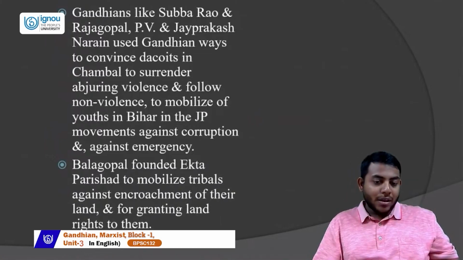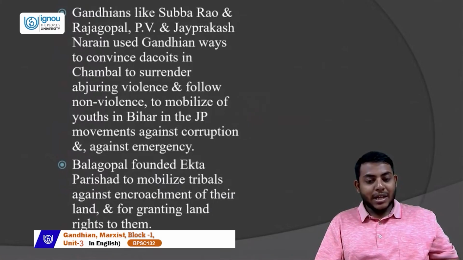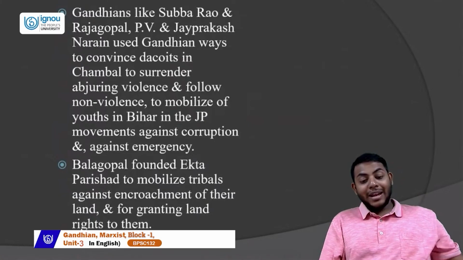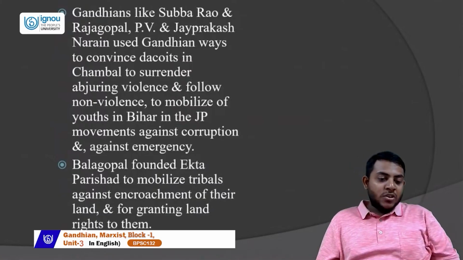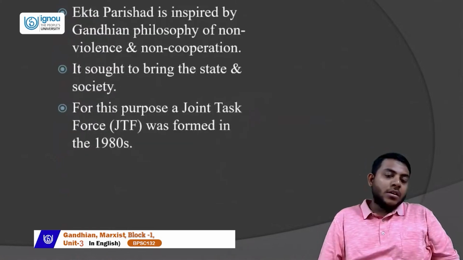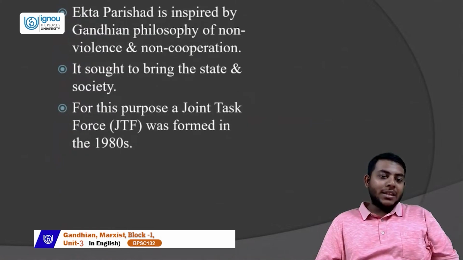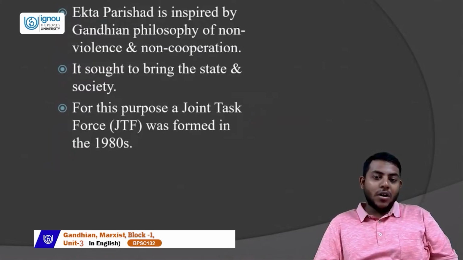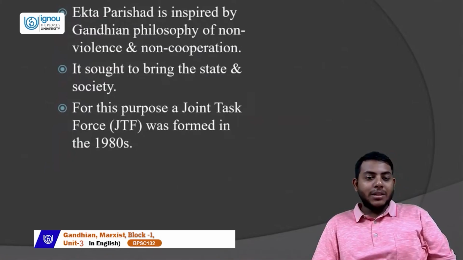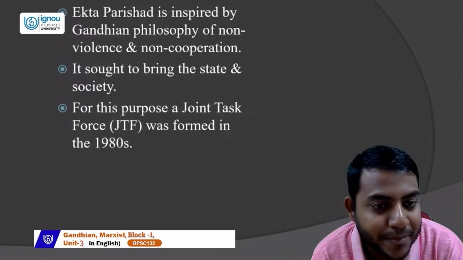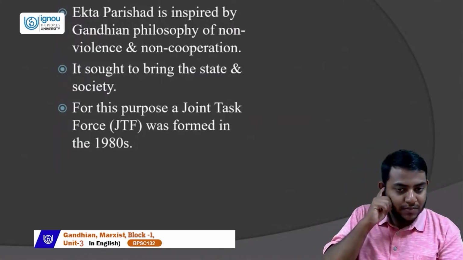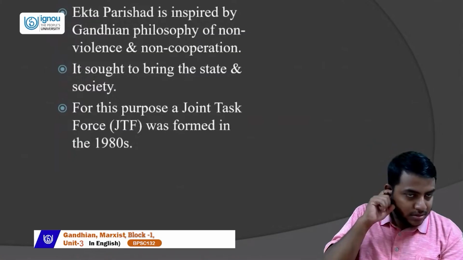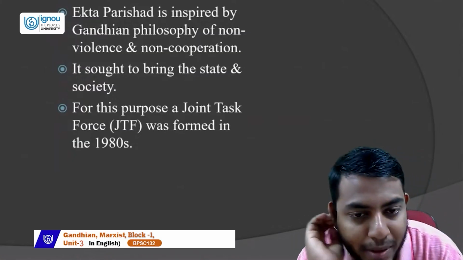Rajagopal founded the Ekta Parishad to mobilize tribals against encroachment of their land and for granting land rights to them. Ekta Parishad is inspired by the Gandhian philosophy of non-violence and non-cooperation. It sought to bring the state and society together. For this purpose, a joint task force, JTF, was formed in the 1980s.